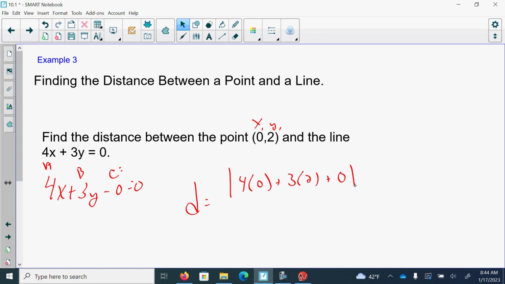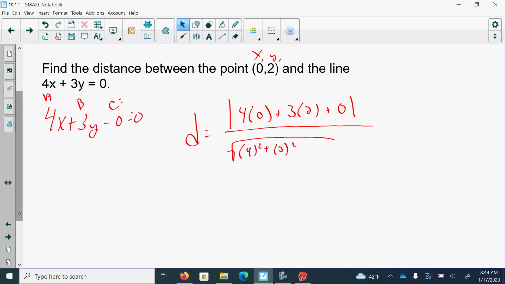I'm taking the absolute value of all that, all over the square root of A squared plus B squared. So when I do that, the numerator will be the absolute value of 6, all over the square root of 25. So I will end up with a distance of 6 fifths.